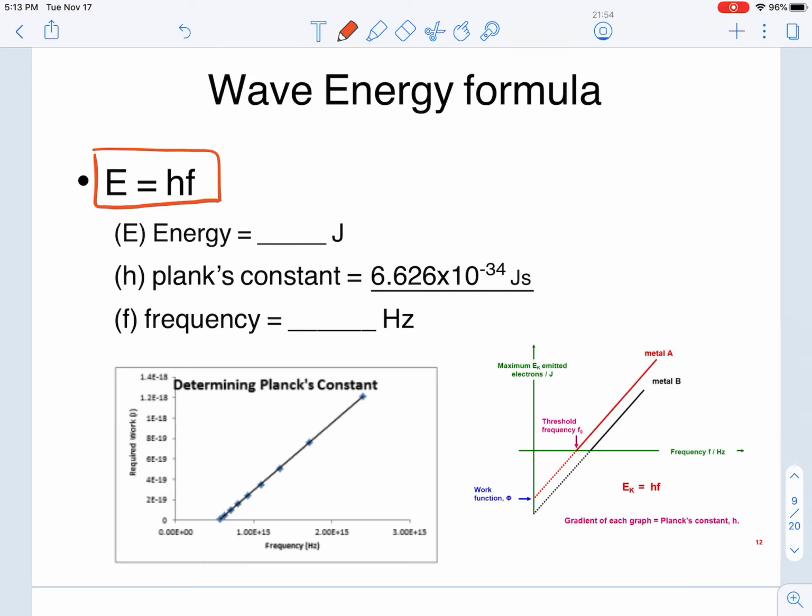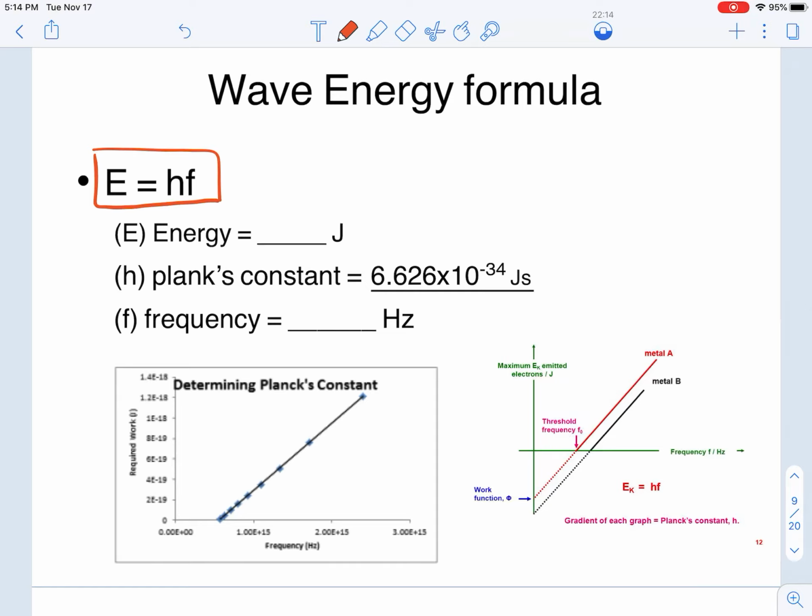Although, again, my hope and expectation is that you received a deeper understanding of Planck's constant, the photoelectric effect, and what is required in order to make these particles become ejected from our metal or from our material from your chemistry class.